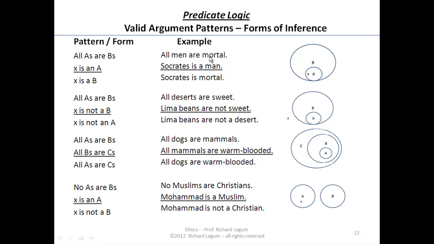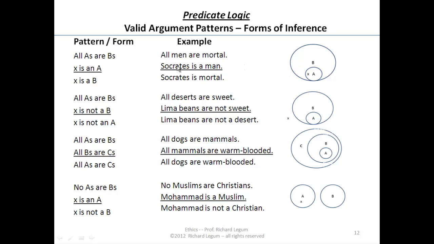If you think about it, what the first premise tells you, if you look over here on the right, is that the circle, let's say everything that is a man, is an A, is in that circle. And what the first premise tells you is, if you draw the circle that contains everything that has a B, it has to be drawn around the circle that contains everything that has an A, because everything that's an A is a B. Everything that's a man is mortal.